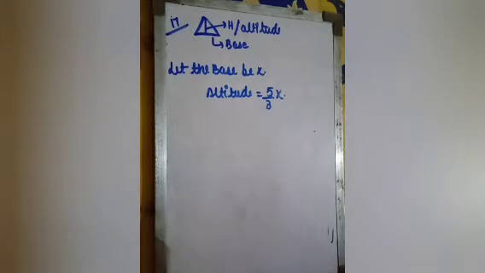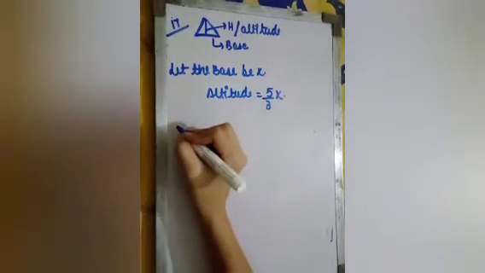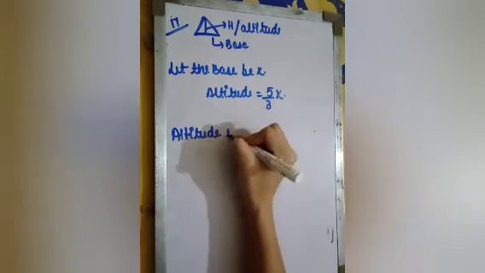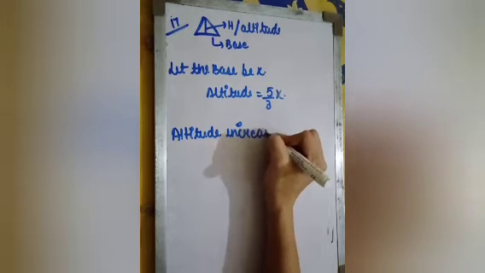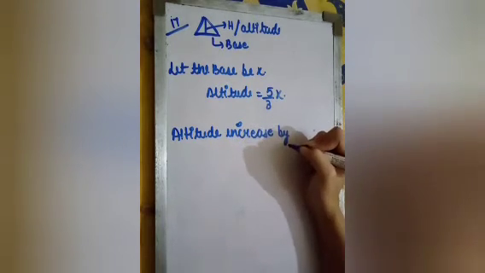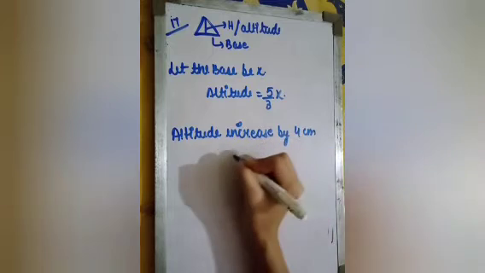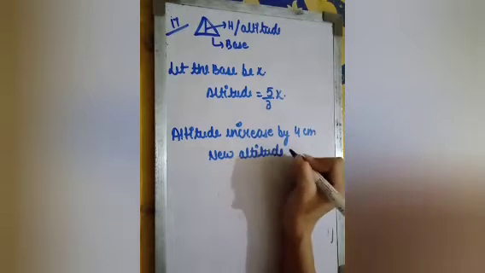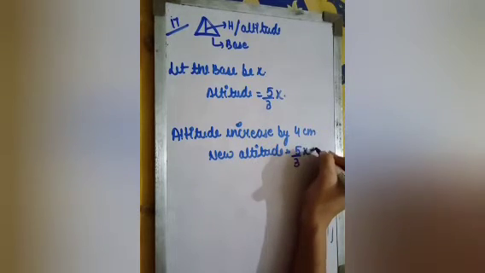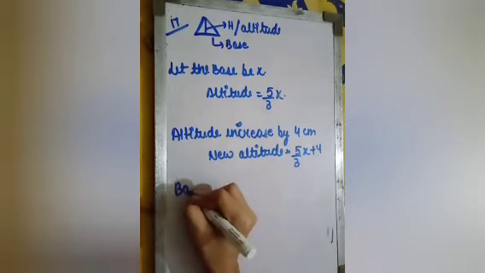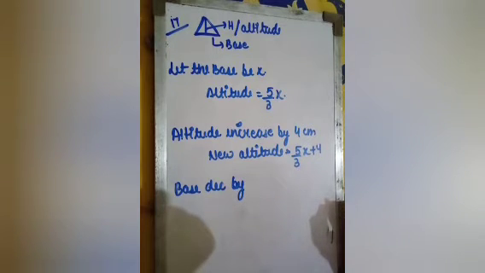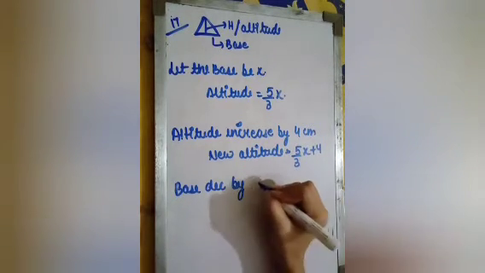If the altitude be increased by 4 centimeter and base decreased by 2 centimeter. Now they are saying altitude increased by 4 centimeter. So what will the new altitude be? New altitude will be 5/3x plus 4 and base is decreased by 2 centimeter.